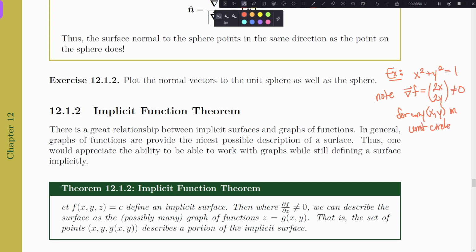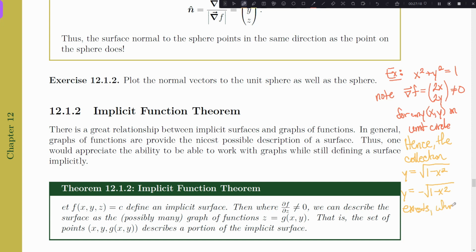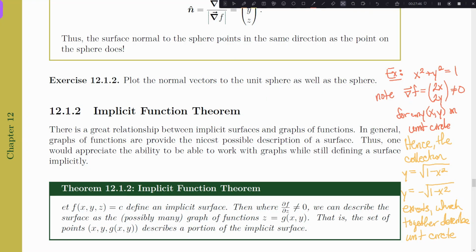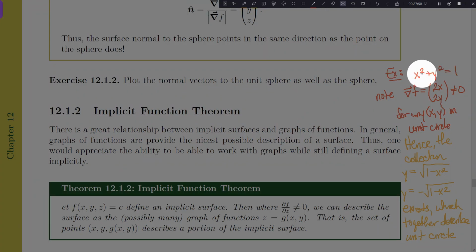Now what the implicit function theorem says is that hence the collection y equals root 1 minus x squared, y equals negative root 1 minus x squared exists, which together describe the unit circle. Right, this first explicit function, I've solved my function x squared plus y squared equals 1. I've solved it for y, so this is explicit. And this first one describes the upper half circle. The bottom one with the negative sign describes the lower half circle. And so when you combine them, we recover the full circle, x squared plus y squared equals 1.